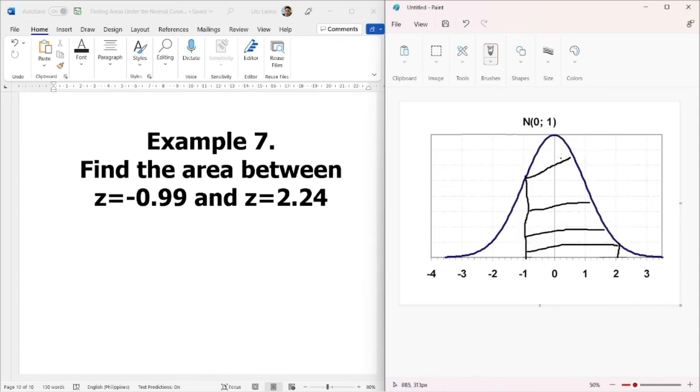Now, obviously, we are going to add the areas in order for us to be able to determine the area between these two z-scores.